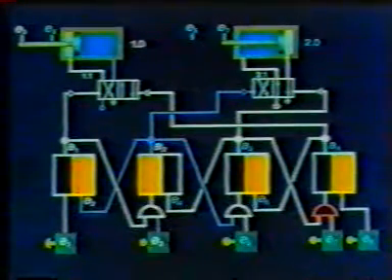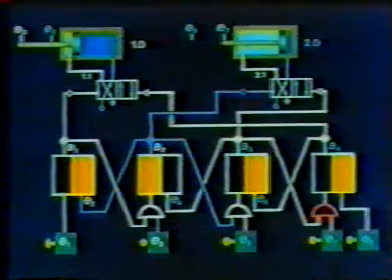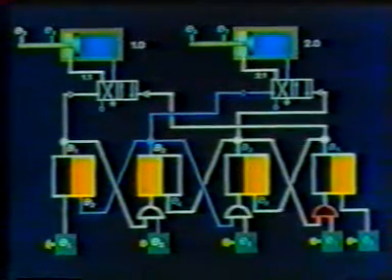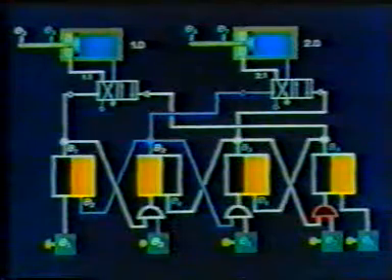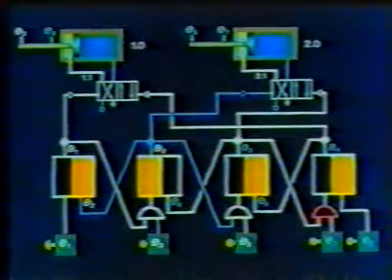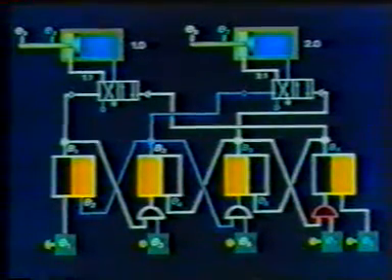Control valve 2.1 is switched over. Cylinder 2.0 travels out. On operating signal transmitter E5, the third memory is switched over.